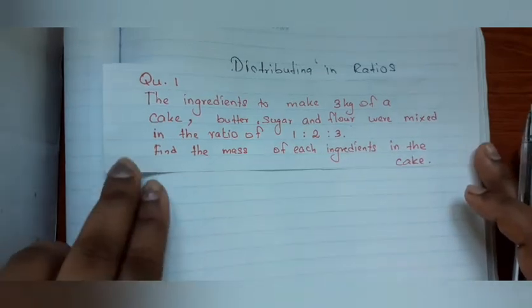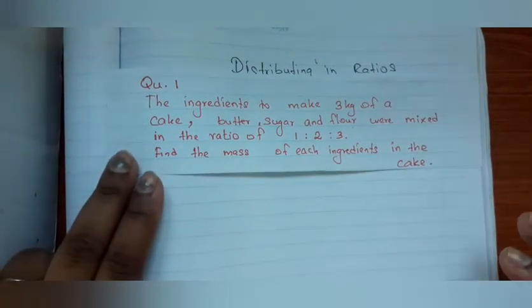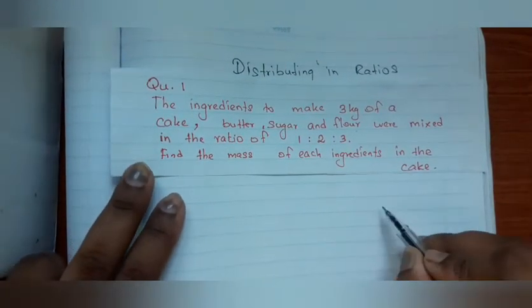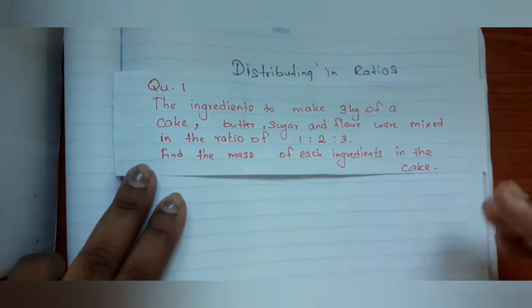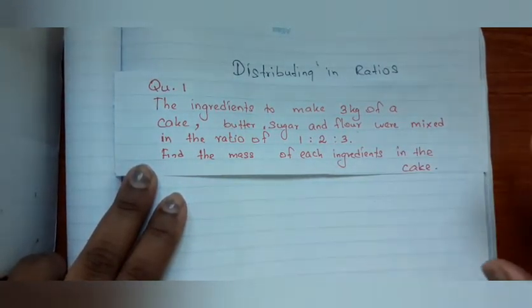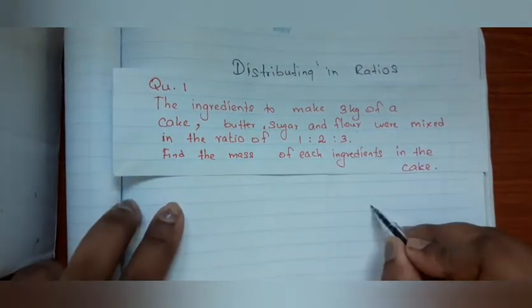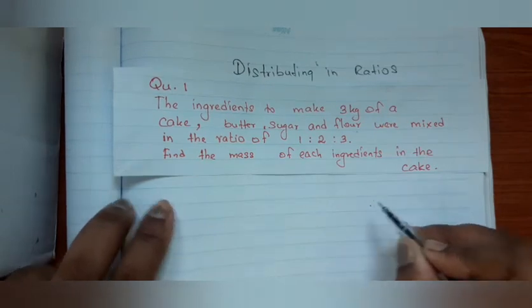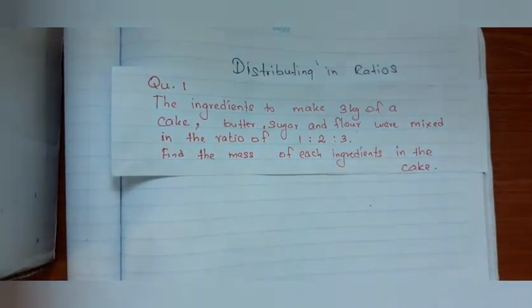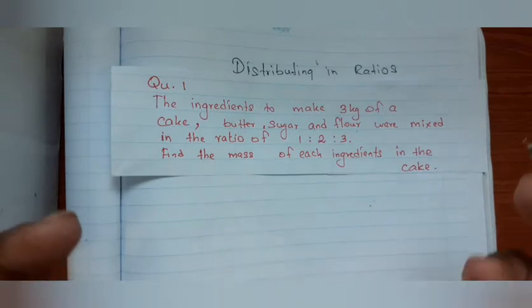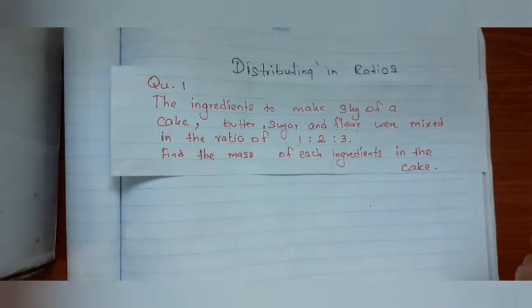Here first we will write the given data like this. Always make sure to summarize what is given in the question. When they are making a cake, they mix each ingredient in a specific ratio. Especially for a cake, you have to mix a certain quantity only to get a properly done cake.